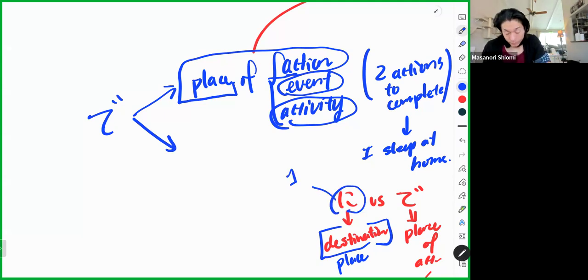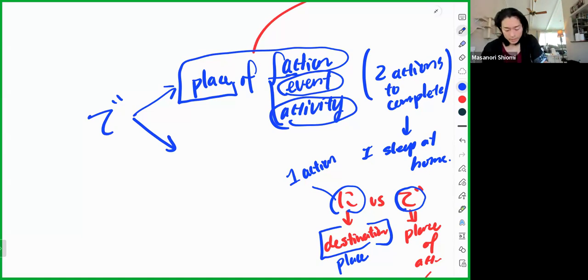So how many actions when we use the destination ni? One action. I walk home, I bike home, I drive home, I run home, right? One action. Ni. Just the destination. Two actions: I sleep at home, I study at home, I watch TV at home. The second action has to happen at the place.